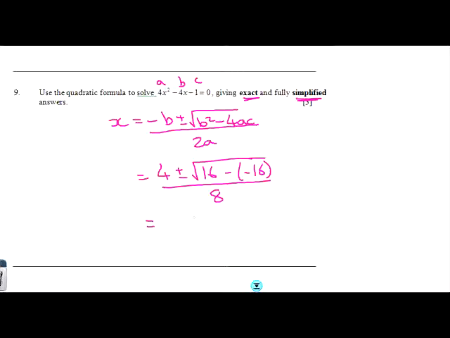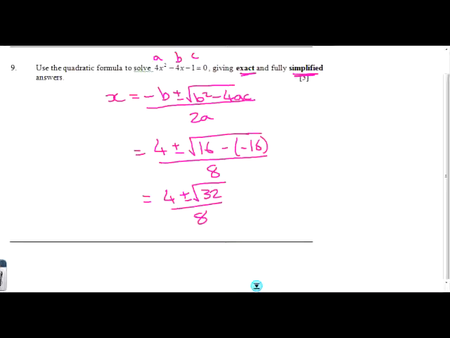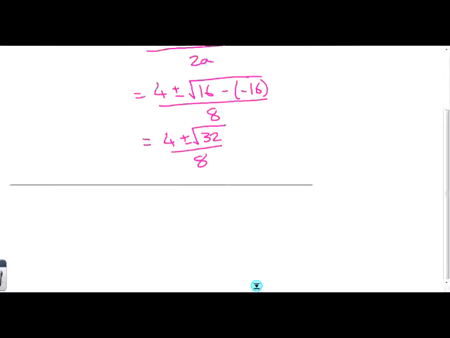Let's tidy this up. So it's 4 plus or minus the square root of 32, over 8. Now, please don't stop there, because this part is not a surd. That is root 16 root 2, which is 4 root 2's. So we have 4 plus 4 root 2's over 8.